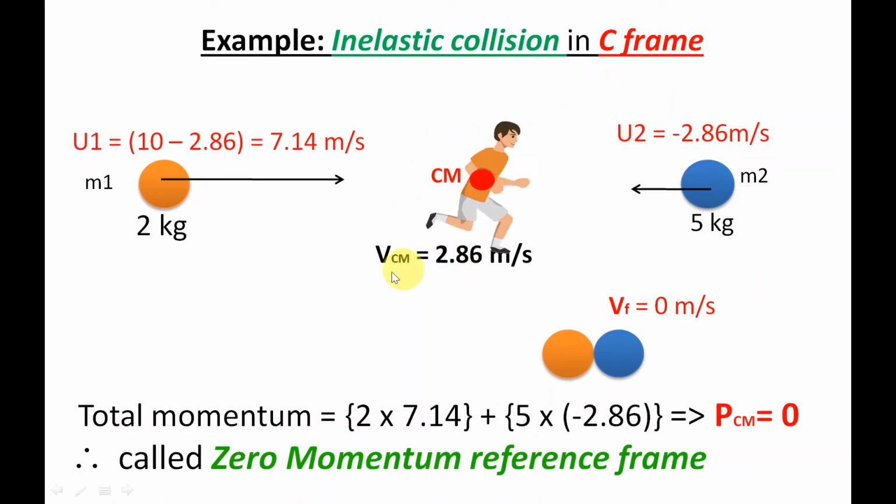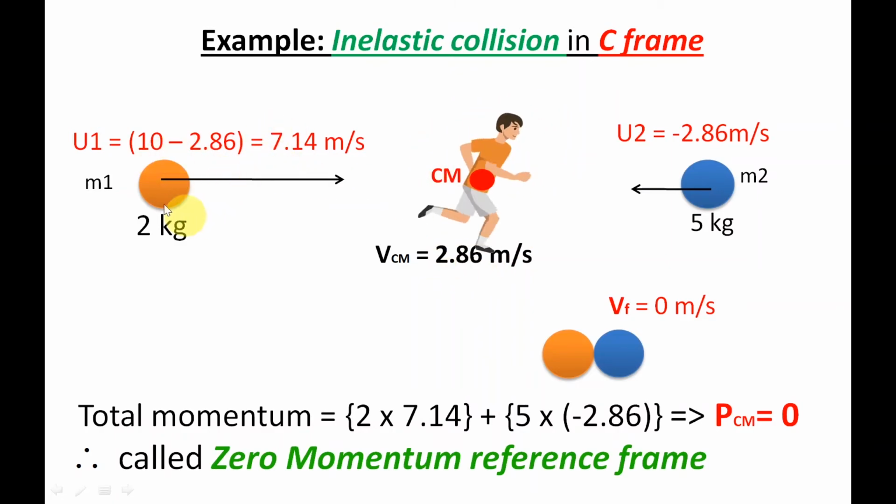What he will see is the relative velocity of the two particles. He will not see his own running. Though he is running, he will feel that he is running in a single place. He will not move forward, and he will not move backward. So according to the laboratory observer, this boy may run and move forward, but according to him, he will be running at a single place, like running on a treadmill.